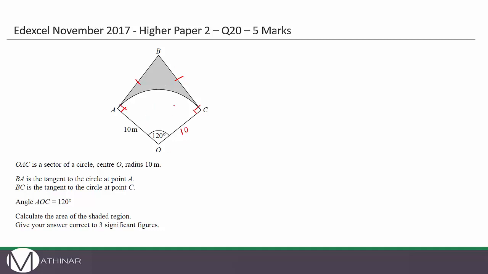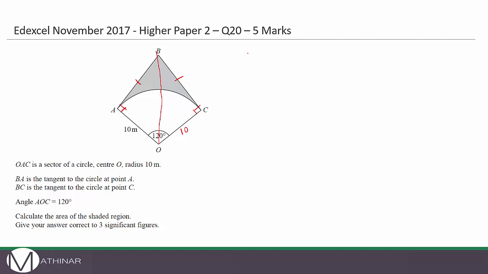So we have a quadrilateral. It's actually a kite, but what I'm going to do is split that in half down the middle. So we have two congruent triangles. We know that angle AOC is 120. Calculate the area of the shaded region.